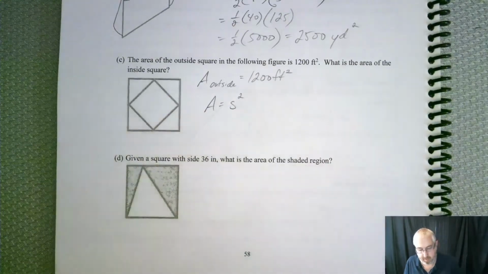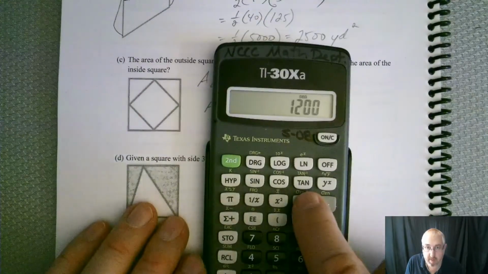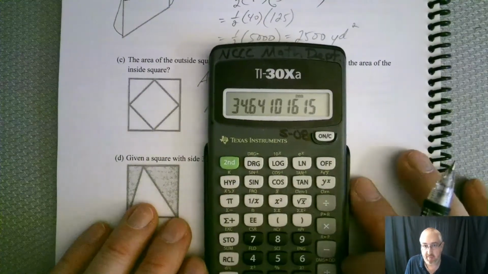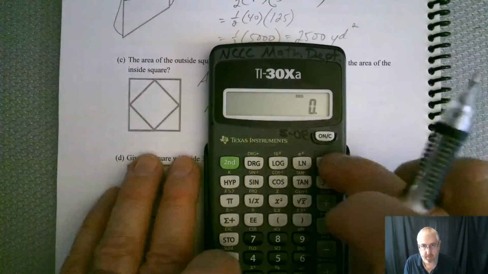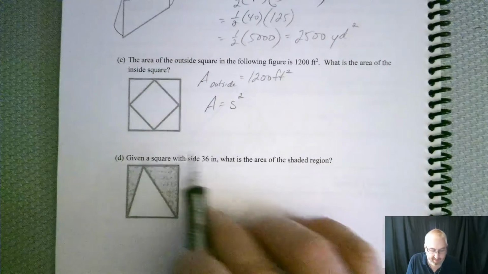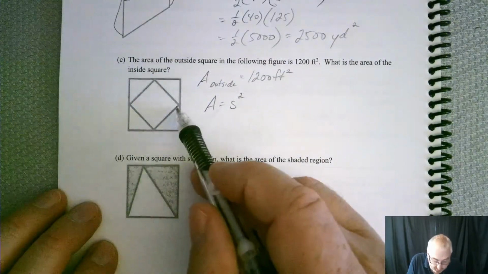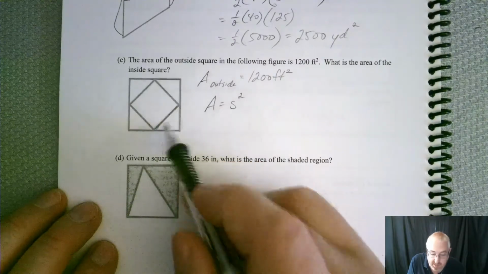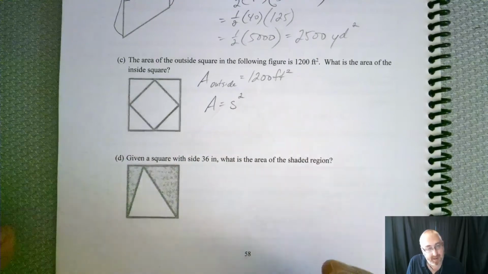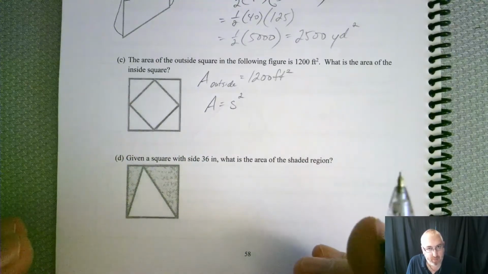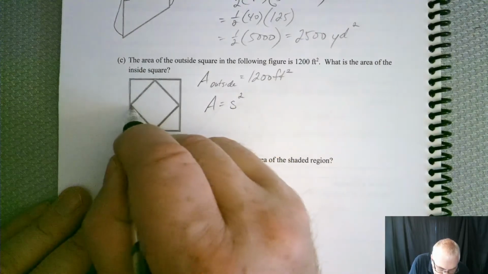Now, if I put the square root of 1200 in here, I get a really nasty number. So I think we might want to try a different route, because once you have that side, then we'd have to cut it in half, because eventually we'd want to find the length of one of these sides, because then we could use that formula again and figure out this inside area. But again, that's going to be a lot of yucky work. Let me do a little modification.